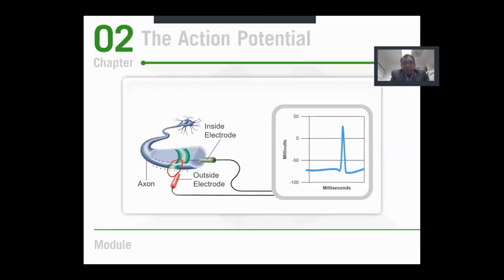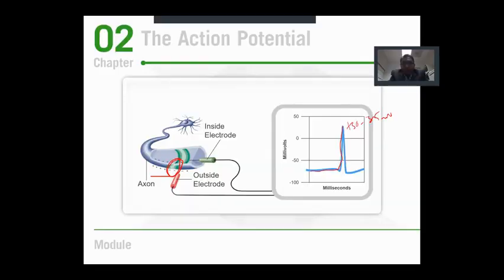Remember, it's negative inside and positive outside, but once a neuron gets stimulated, in other words, it gets information, then at that particular part there is a sudden reversal of the charge, so the inside gets positive and the outside becomes negative. You can see the resting membrane potential, and it goes to being positive. It's usually positive 30 to positive 35 millivolts, and this sudden reversal at this point is called action potential.